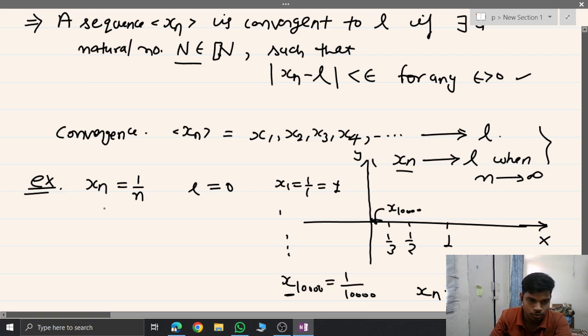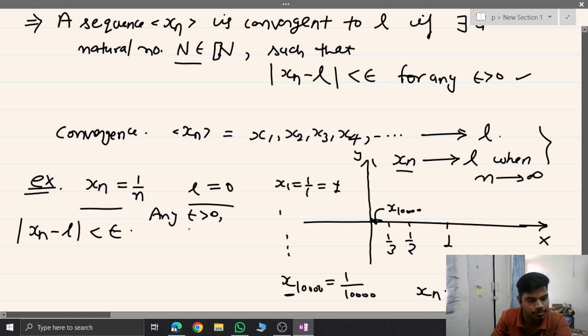We know my sequence converges to L. So what condition should be fulfilled? xn minus L is less than epsilon, for any positive epsilon I take. It means the gap between xn and L is less than epsilon, a very small positive number.